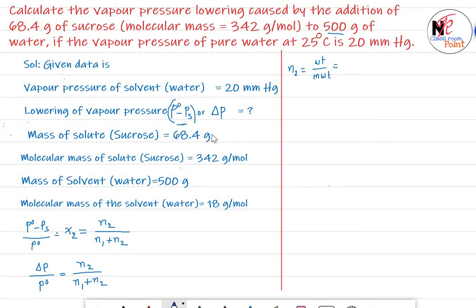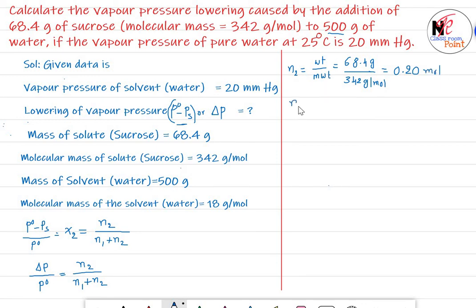The weight given here is 68.4 grams divided by 342 grams per mole. So the approximate value is 0.20 moles. The grams get cancelled, this is moles only.